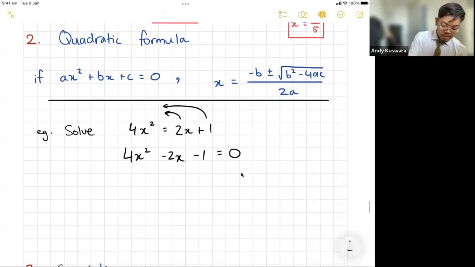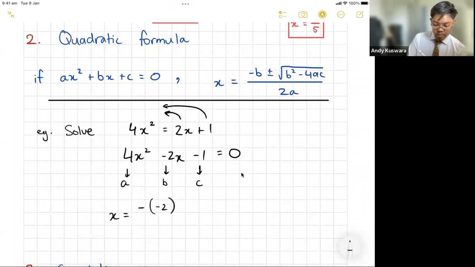Now that we've done that, I can see that 4 is A. B is not going to be 2, but -2. And C is going to be -1. So in this case, to solve for x, x is going to equal minus B. B is -2, and just be careful with your negatives, I'll put everything in brackets.